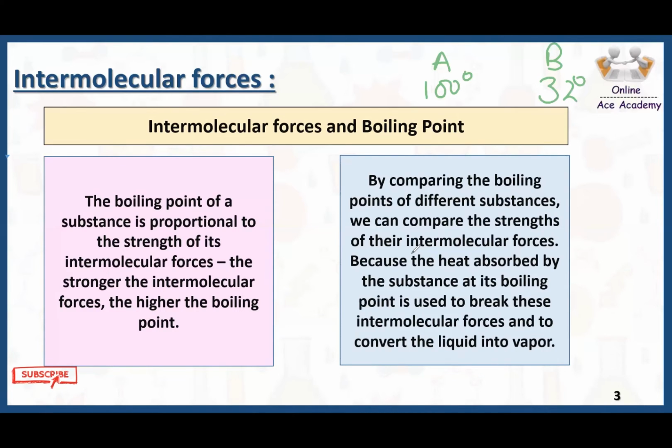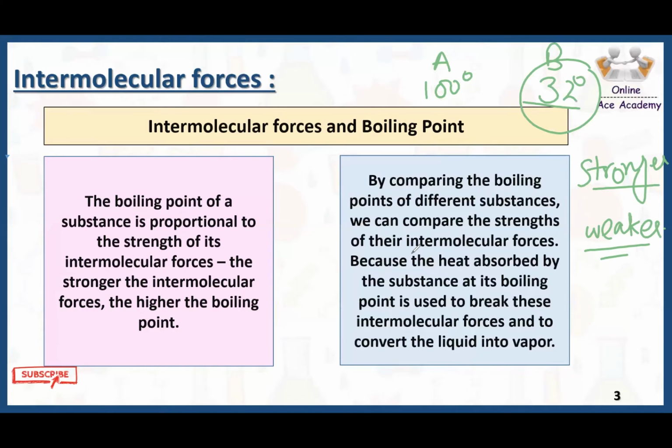With the help of these boiling points, we came to know that if a substance has a 100 degrees Celsius boiling point, the intermolecular forces present in between are stronger. And on the other hand, the boiling point of substance B is 30 degrees Celsius, so it's very clear that the intermolecular force of substance B is weaker as compared to substance A. So this is how, with the help of the boiling points, we can predict whether the intermolecular forces are stronger or weaker.